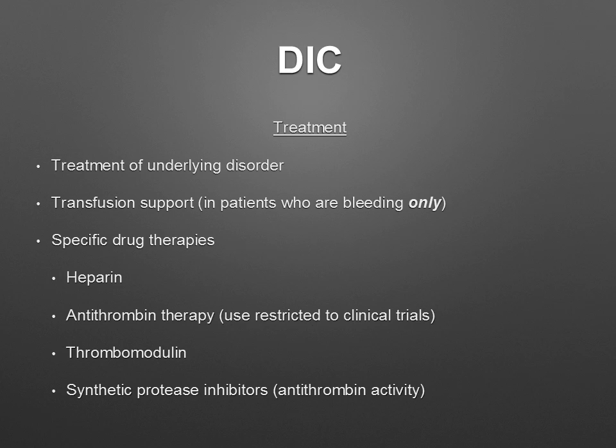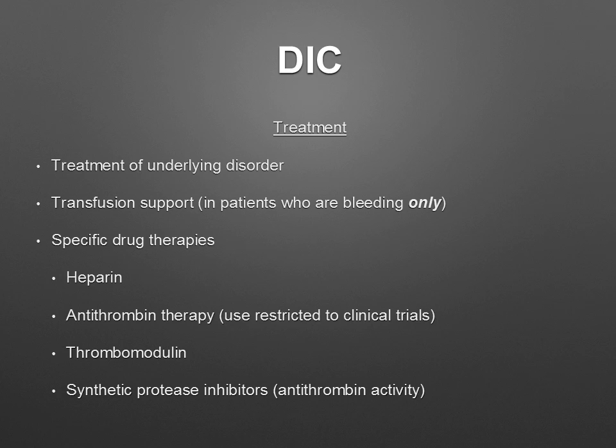As we said, the treatment of DIC is of the underlying disorder. You can provide transfusion support, but maybe that's only for patients who are bleeding or have extremely low platelet levels. We're worried about blood clots, and these patients are also bleeding, but you've got to be looking out for blood clots.